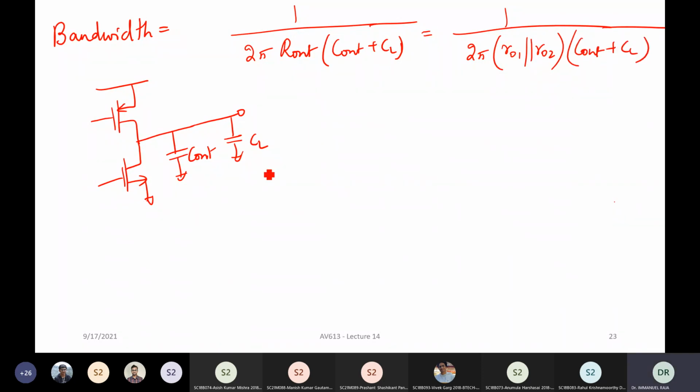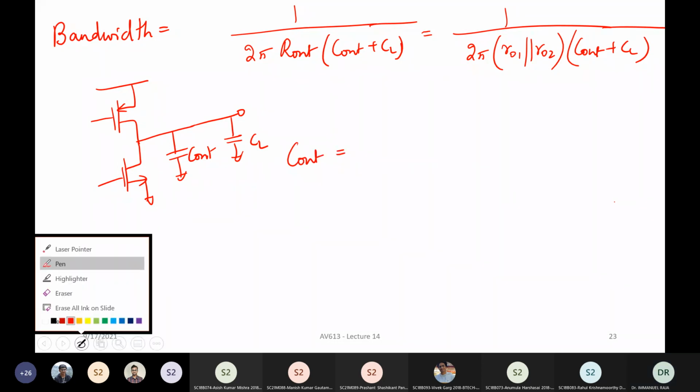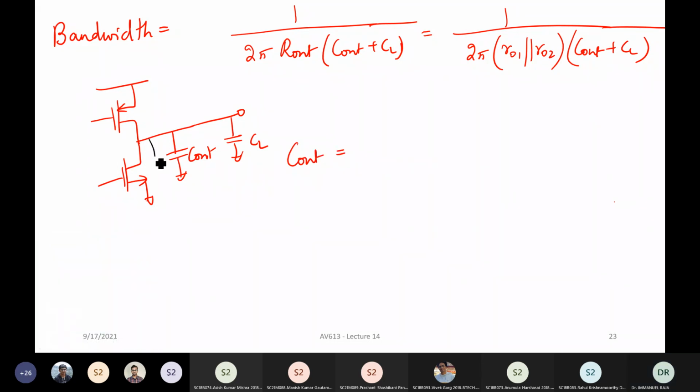Now what is C out? Can you tell me what are the components in C out? CDB1, CGD1, CGD2, CDB2.